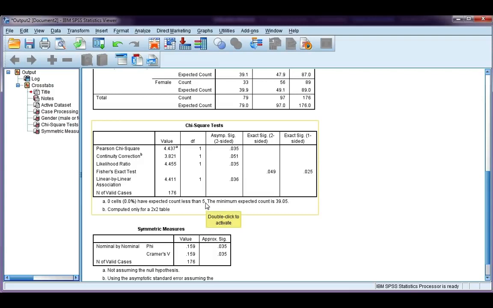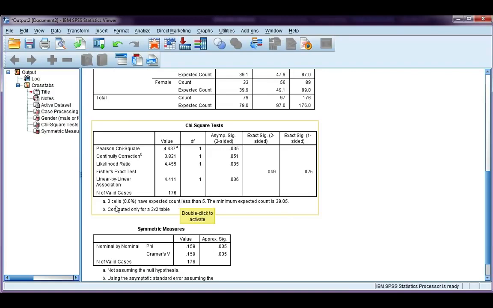This is important because it's an assumption of the chi-squared test. If this percentage is greater than 20%, then this assumption has been violated and we need to take a different course of action. But for this example, this assumption has not been violated because 0 cells have an expected count less than 5. We can see the minimum is actually 39.05. In another example, I will show you what to do when that assumption is violated.